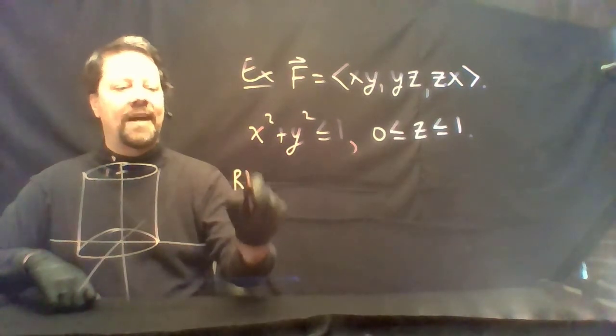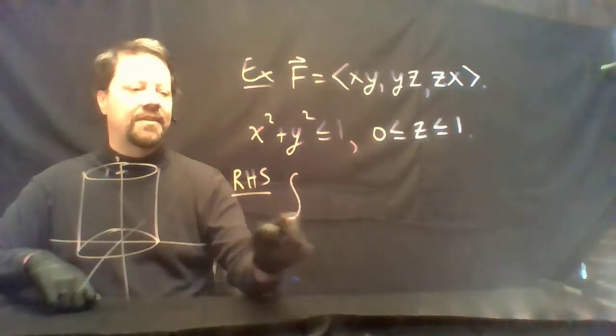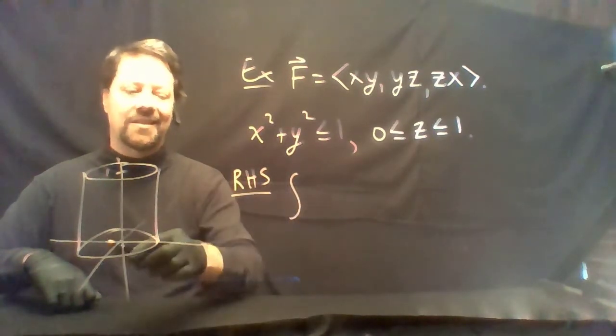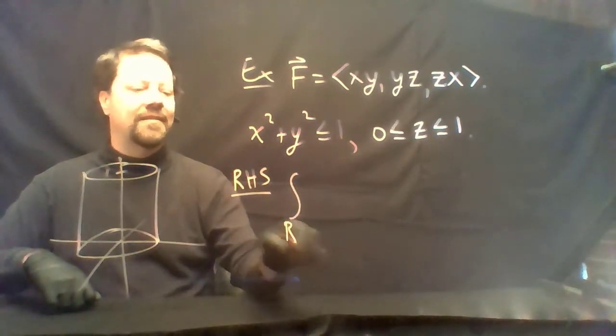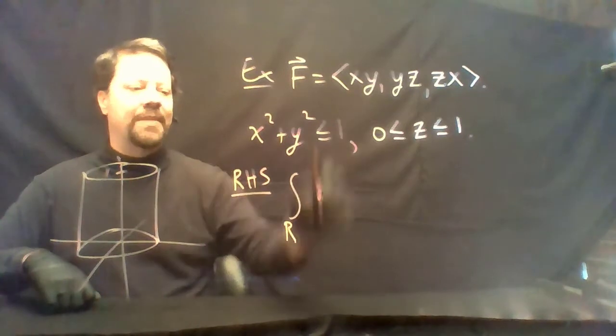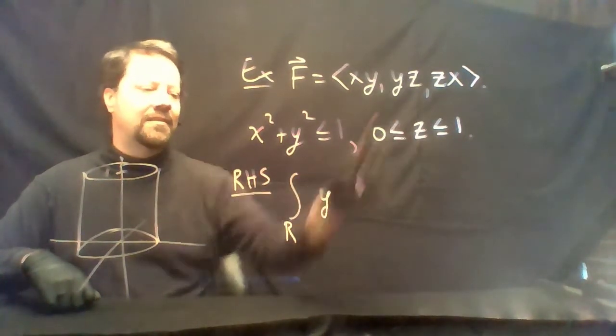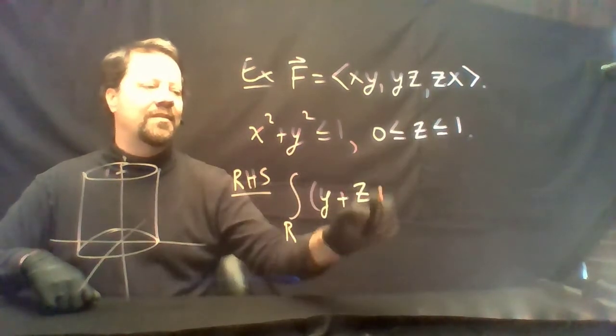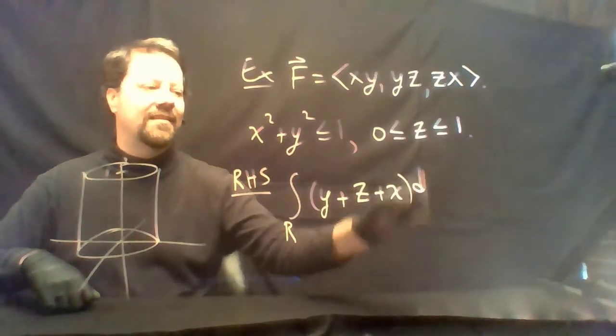To verify the right-hand side of the divergence theorem, we'll integrate the divergence of the vector field across the entire solid. The divergence will be y plus z plus x dV.